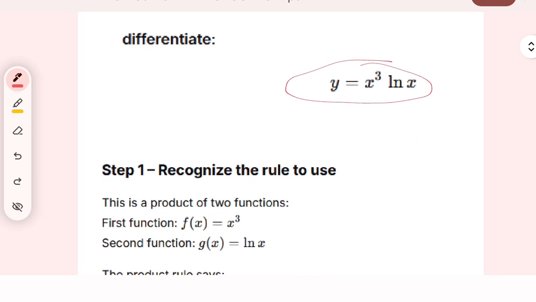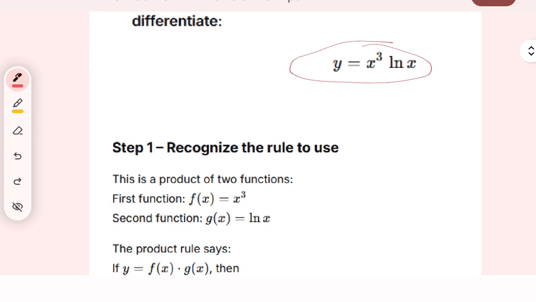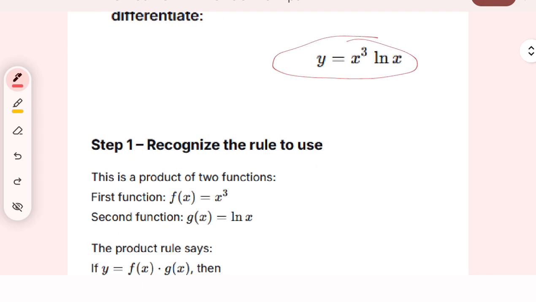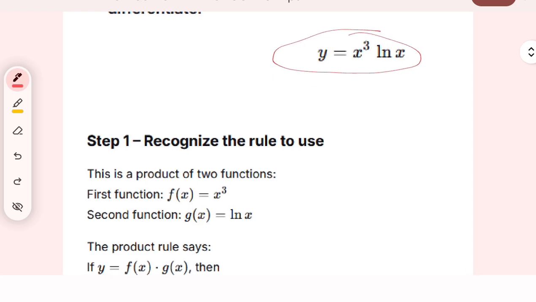First and foremost, we need to recognize if we could indeed apply the product rule. So we need to recognize the rule to use for this kind of differentiation. This function is actually a product of two functions.